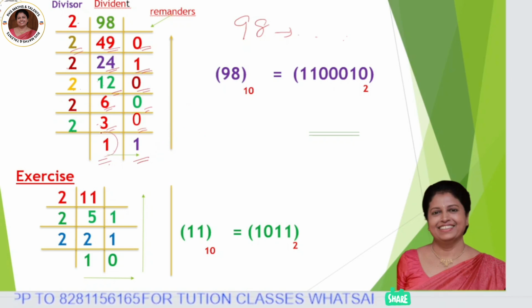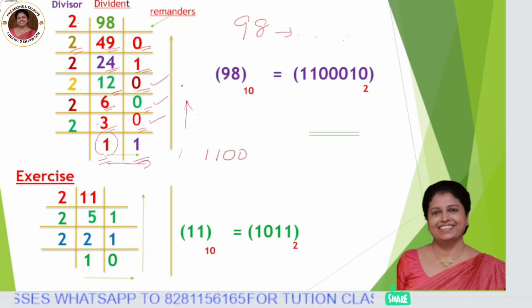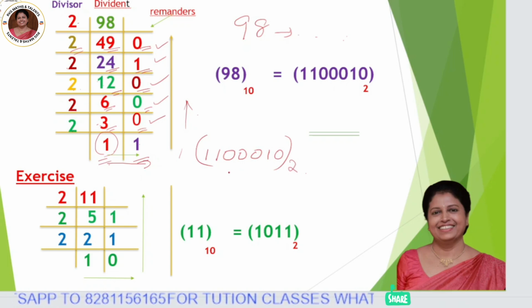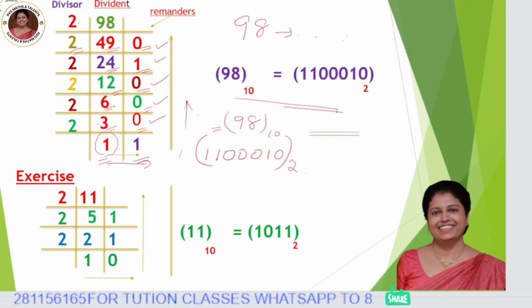Start from here and go up through all these remainders: 1, 1, 0, 0, 0, 0, 1, 0. So 98 to the base 10 is converted to the binary number 11000010 to the base 2.